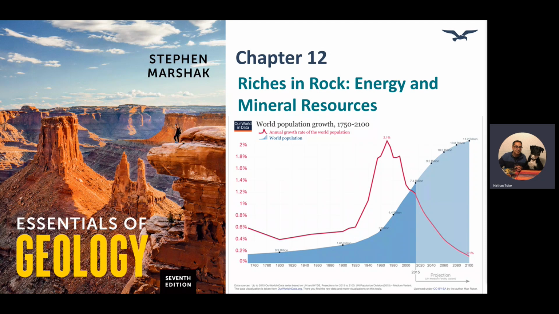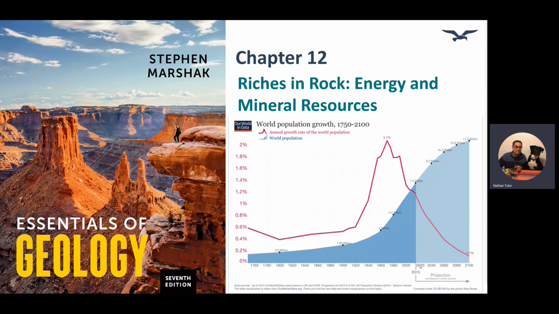So today we're talking about Chapter 12, Riches in Rock, Energy, and Mineral Resources. On this first slide, I have world population growth over the last several hundred years. We can see our population has been growing exponentially for some time, although it may be at an inflection point in the curvature of this trend.